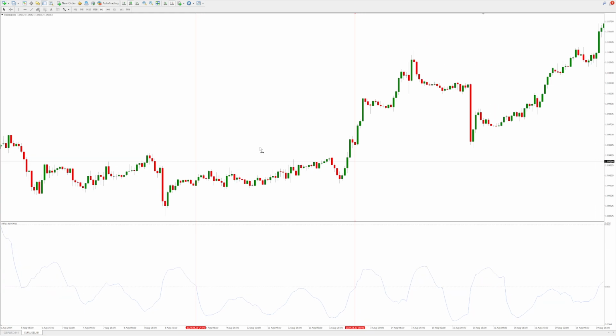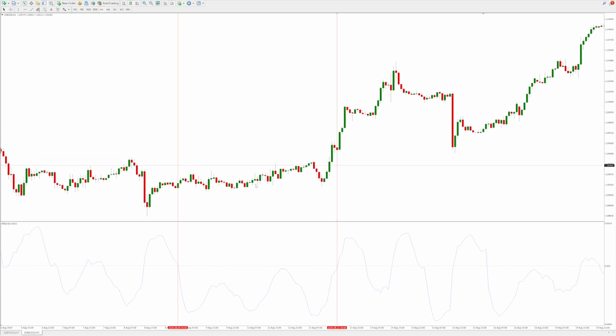Okay, so within this range you could be looking to buy the bottom, sell the top. For example, here to here, here to here. You could simply mark the high and the low like so.